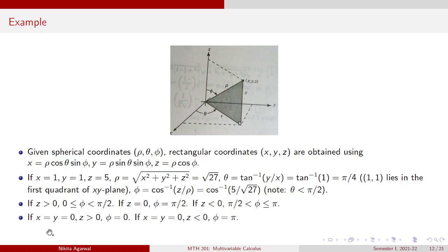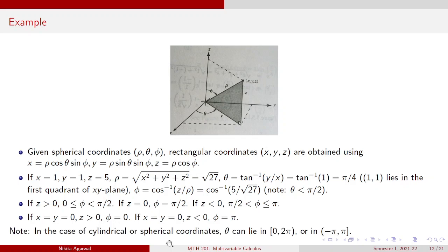And if x and y are both 0, that means you are on the z-axis. And if z is positive, then phi is 0, right? Because this angle is just 0, you are here. And if z is negative, you are on the bottom and phi is equal to pi, right? You are here down in the bottom.